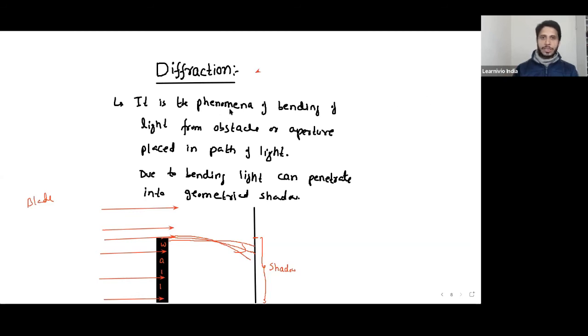There's one more condition for diffraction: the size of the aperture should be less than or comparable to the wavelength of light.